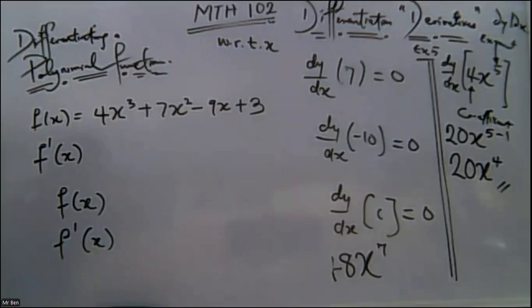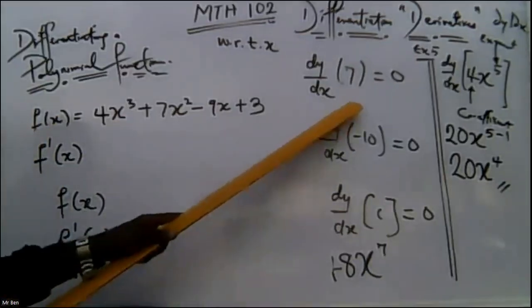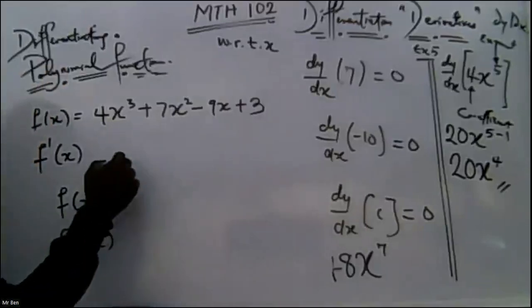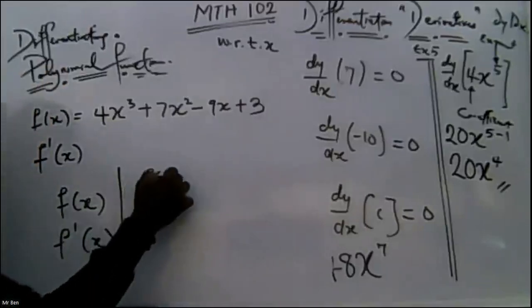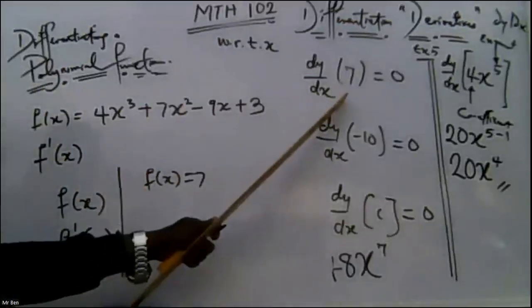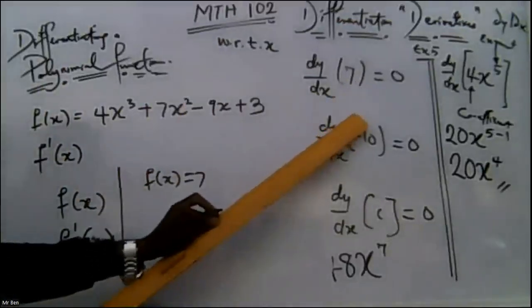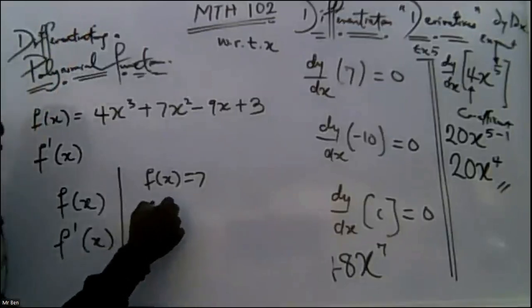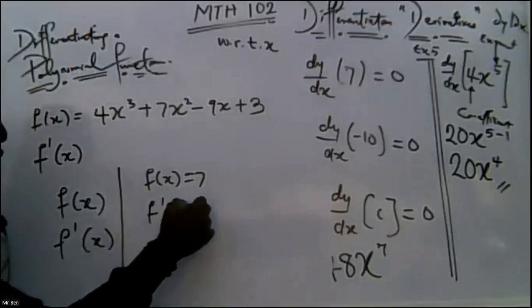That is the derivative of the function. Now let's take this out. The function we are dealing with here is f of x equals 7. Now the derivative of 7 is what?